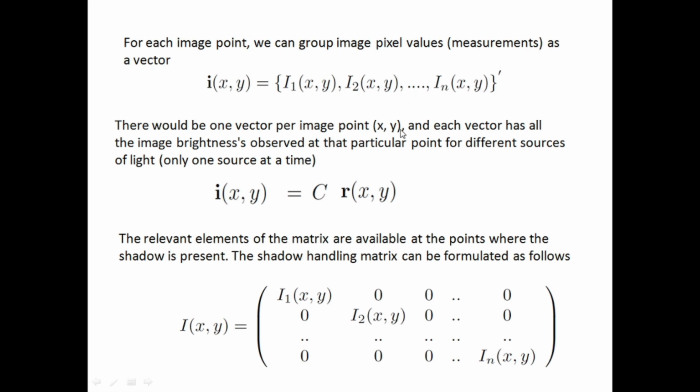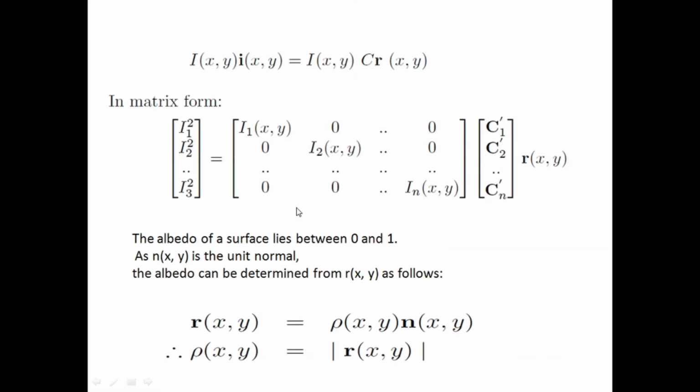It will be vertical, an n cross 1 matrix, and this is an n cross n matrix. Now I can do the multiplication. Finally I have got it in this manner.